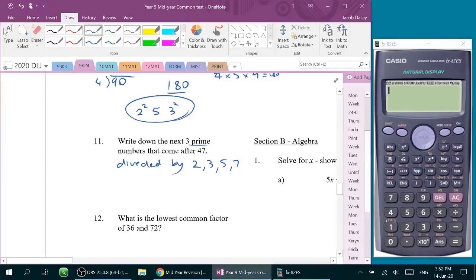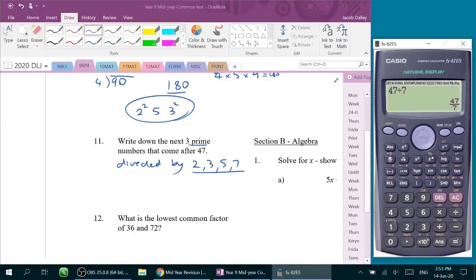But for the early numbers, between 0 and about 200, you can just check by dividing by the first 4 primes, 2, 3, 5, and 7. So 47, I believe, will be a prime number. We can check this by dividing by 2. If it divides evenly, then it's not a prime number. It doesn't divide evenly. 47 divided by 5 doesn't divide. 47 divided by 7 doesn't divide. So that's a prime number.